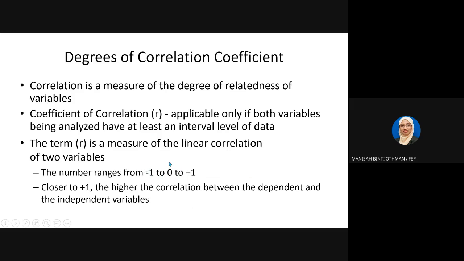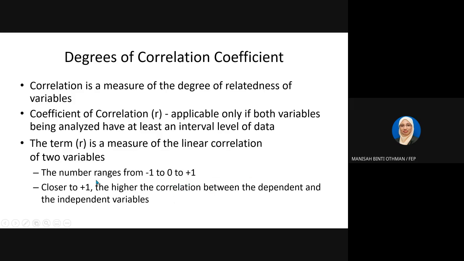If the number is near 0, it means there is no correlation, no relationship. If your number is near -1, like -0.7, -0.8, then you can see there is a strong negative relationship. If R is near +1, 0.5 and above, there is a positive relationship between the two variables.